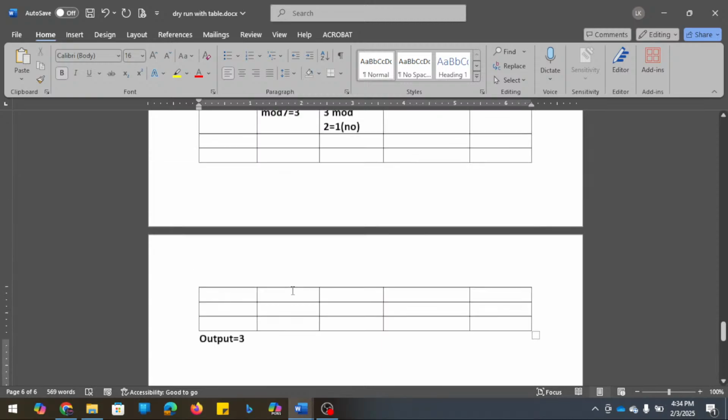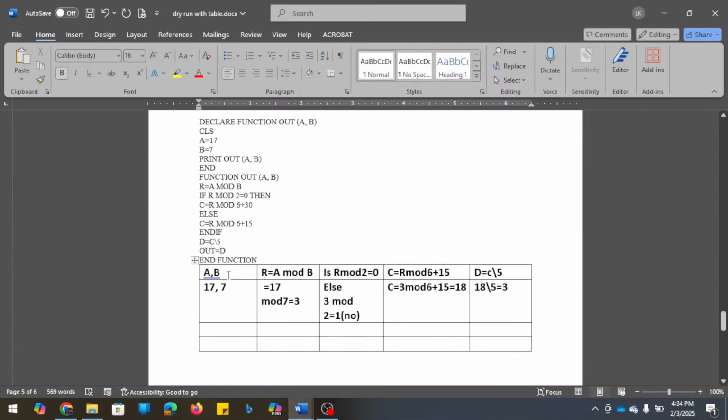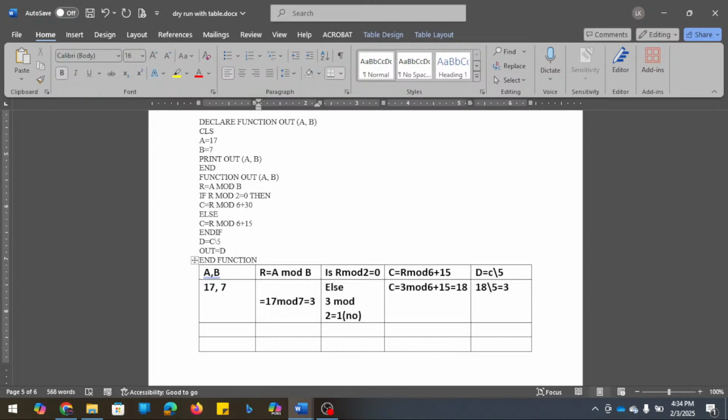That's all. To understand it clearly, let's see again. So A and B, so 17 and 7. So R equals to A mod B. 17 mod 7 gives us 3 as a remainder. Now next part is here.